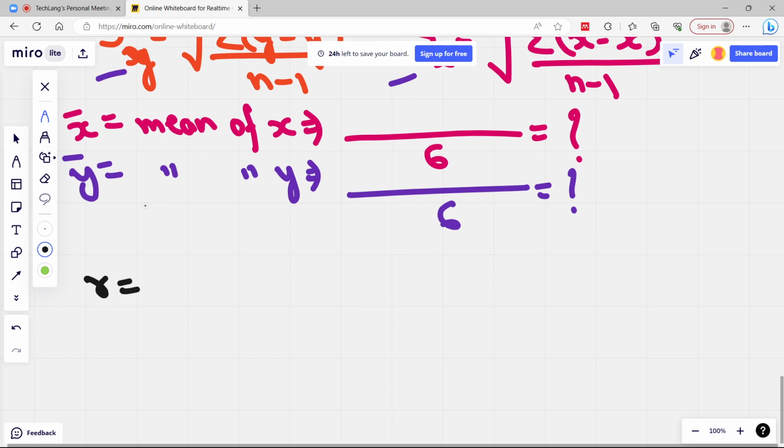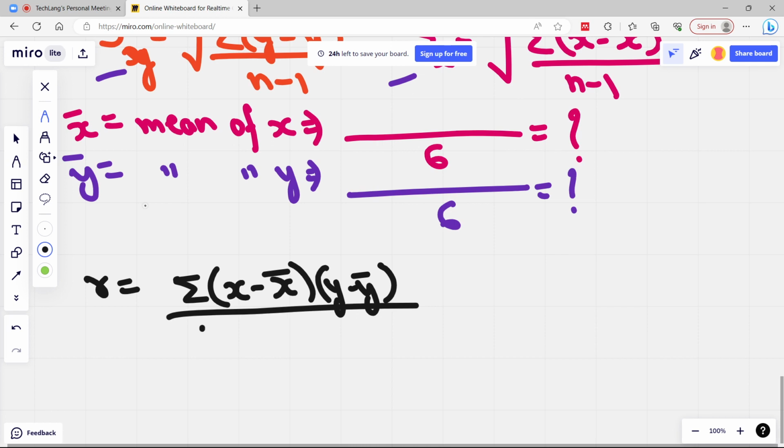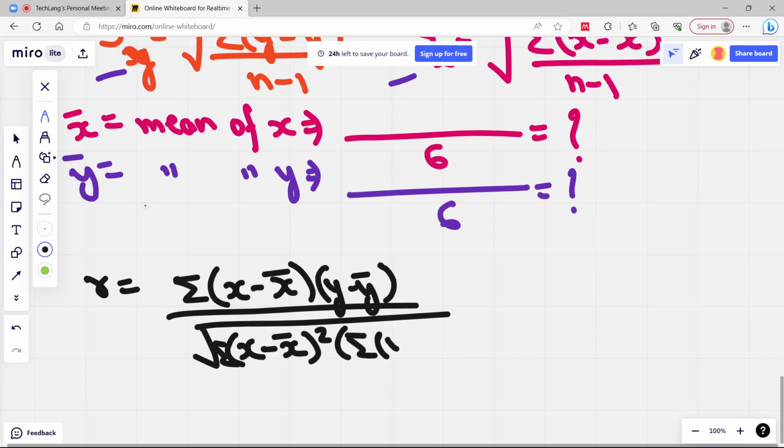We can calculate r using the formula: summation of x minus x bar into y minus y bar, in the numerator. In the denominator, we have the root of the summation of x minus x bar whole square into the summation of y minus y bar whole square. So this would be the r value.